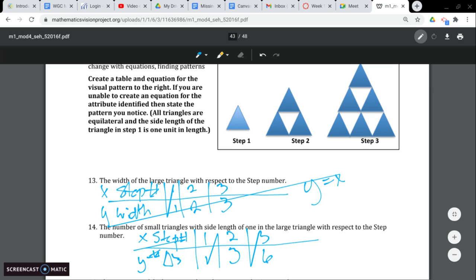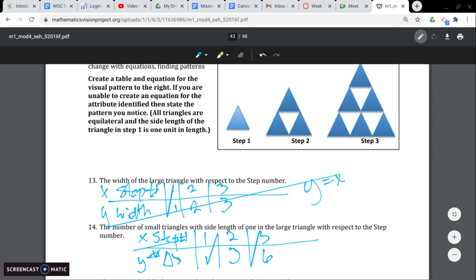So what is our relationship here? We take the previous, because we have 1, and then we add the step number. So we add the step number each time, because look, we have this one, then we add 2 here. We have this here, which is the same as step 2, then we added 3 more. We're on step 3.